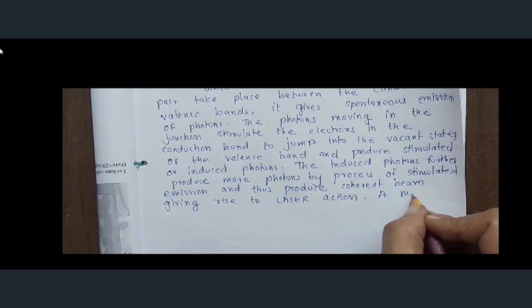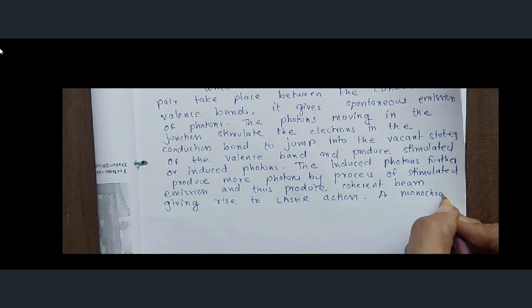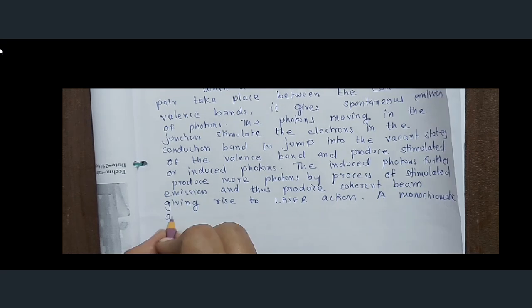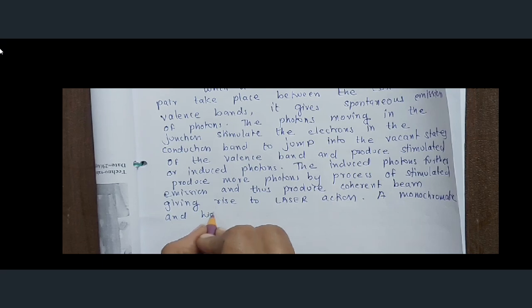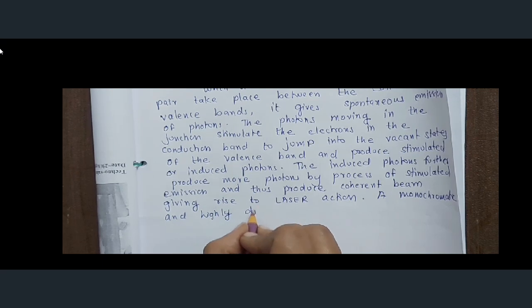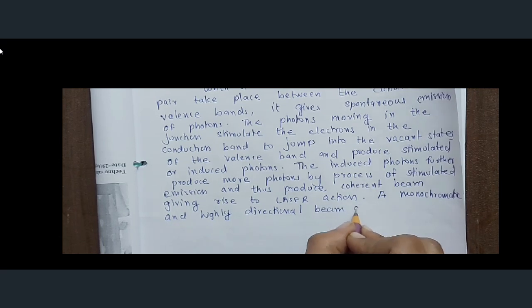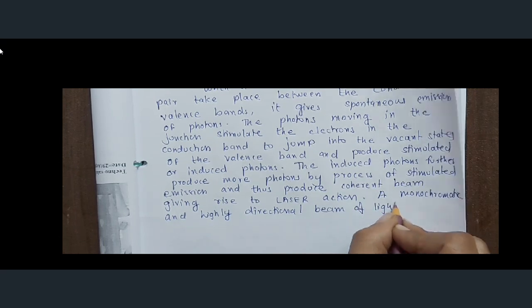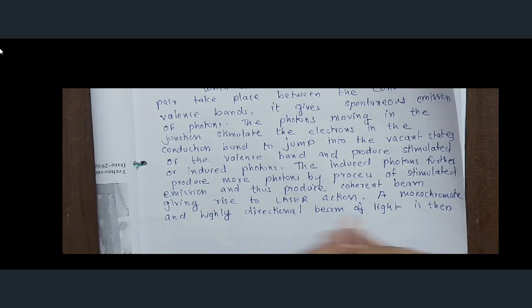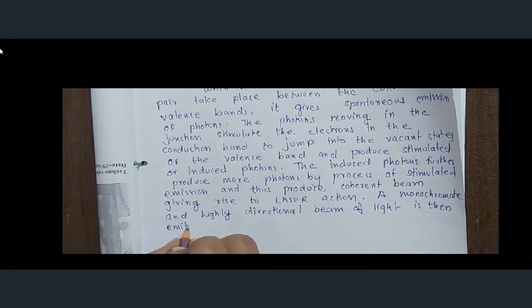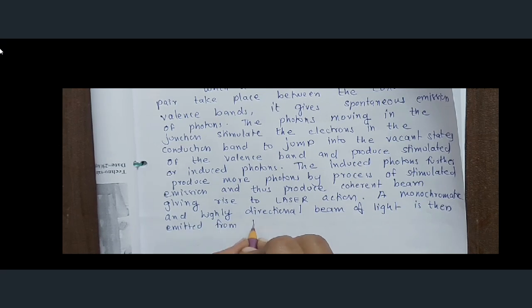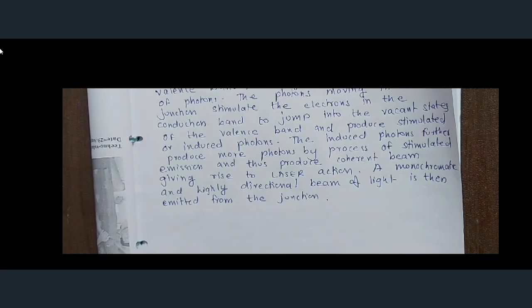A monochromatic and highly directional beam of light is then emitted from the junction. So now this is all about the semiconductor laser and its working.